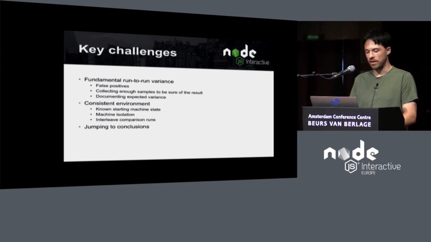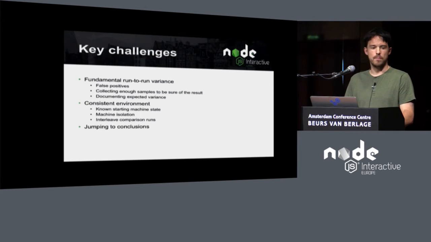So one of the things you need to look out for also is false positives. So if you've just checked in a version of your code and you think this is probably going to offer me about a 10% improvement, if you go and do one run and it's about 10% better, then you could be tempted to just stop there and deploy your code.